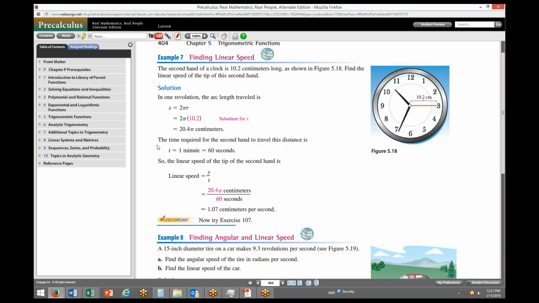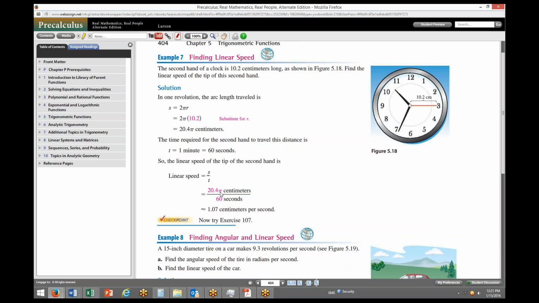And as we just determined, the time required to travel one full revolution is, of course, 1 minute or 60 seconds. So in centimeters per second, the linear speed then is the distance, the arc length traveled, divided by the time it takes to travel that.